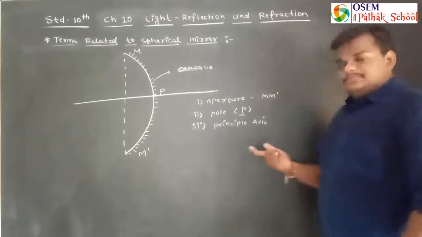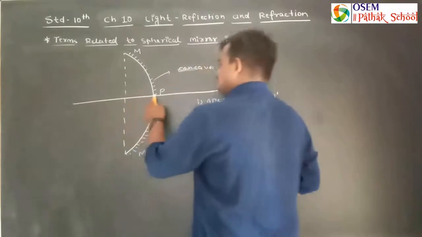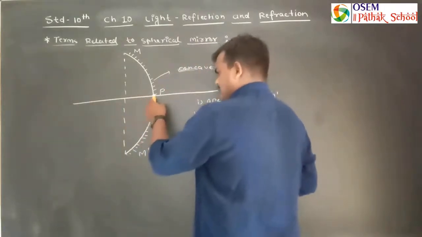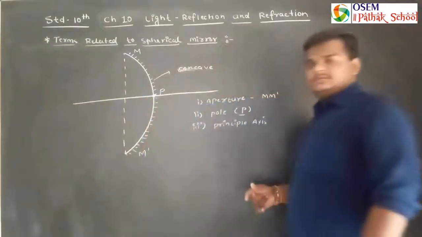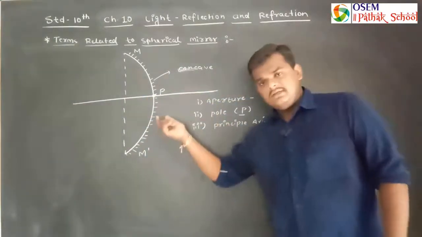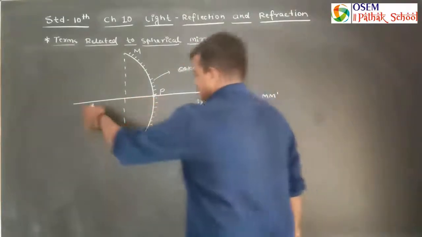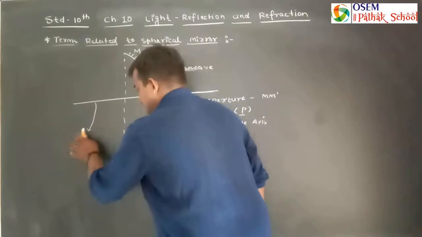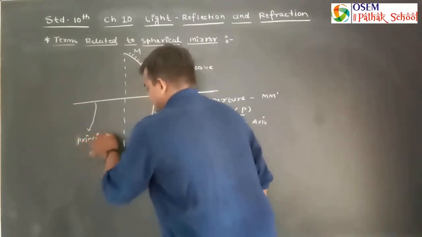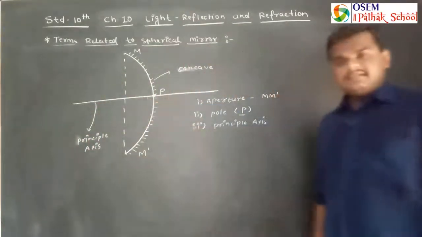The imaginary line passing through the pole of the mirror is known as the principal axis. So this line, this imaginary line, is known as the principal axis. So this is our principal axis.